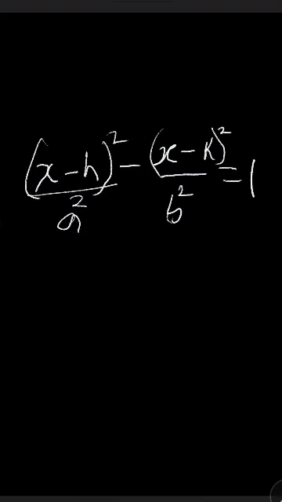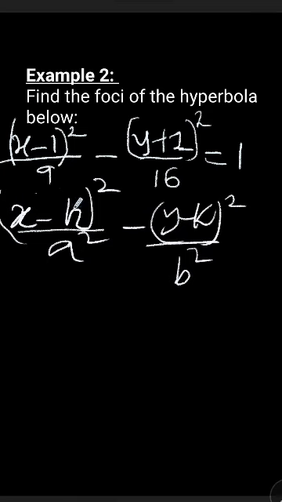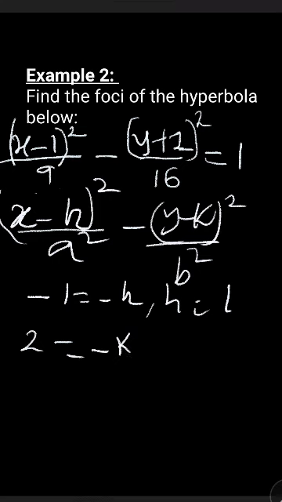Alright, so we can compare the values here, that is minus 1 and this minus h. We can equate it by saying minus 1 equals minus h, which means h equals 1. And the second value here, we can also equate it, which is 2 equals minus k, which means k equals minus 2.